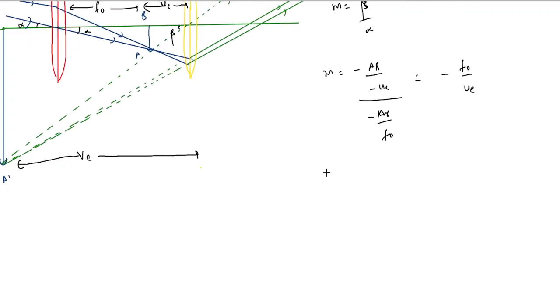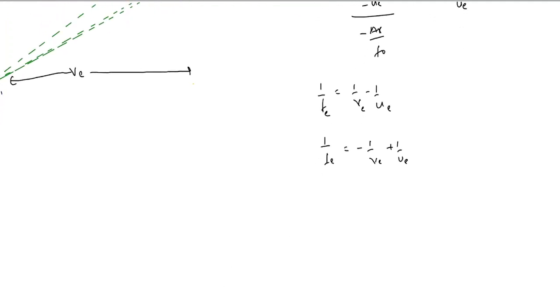But recall that for a lens, 1 by F is 1 by V minus 1 by U. For the eyepiece, it becomes 1 by F suffix E. And by sign convention, both VE and UE are negative. So we rewrite this as 1 by FE is equal to minus 1 by VE plus 1 by UE, putting sign conventions.